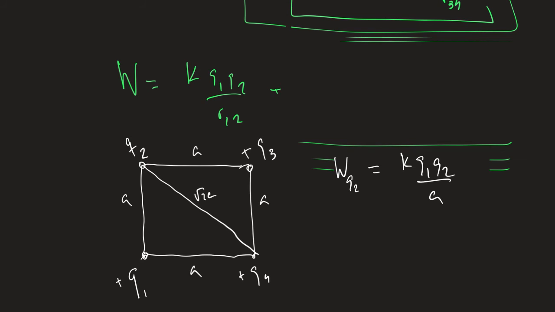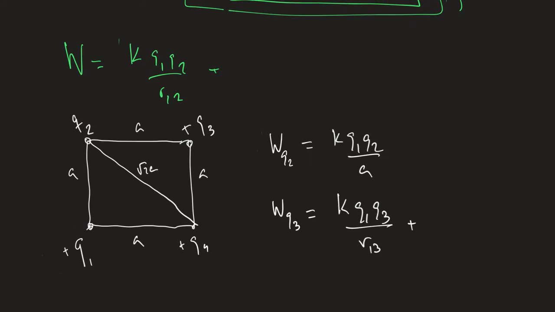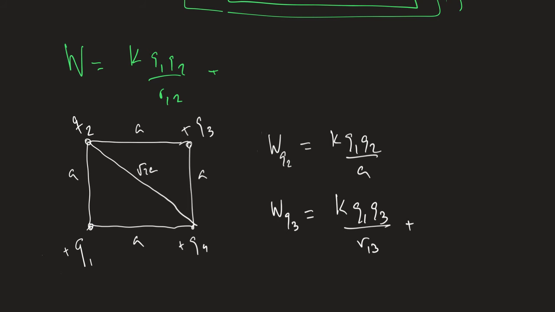Now I will bring the charge 3 in the presence of charge 1 and 2. So bringing the charge Q3, I will make some work. And the work I will make will be K, Q1, Q3 divided by R13, plus K, Q2, Q3 divided by R23, as I bring it in front of Q1 and now in front of Q2.